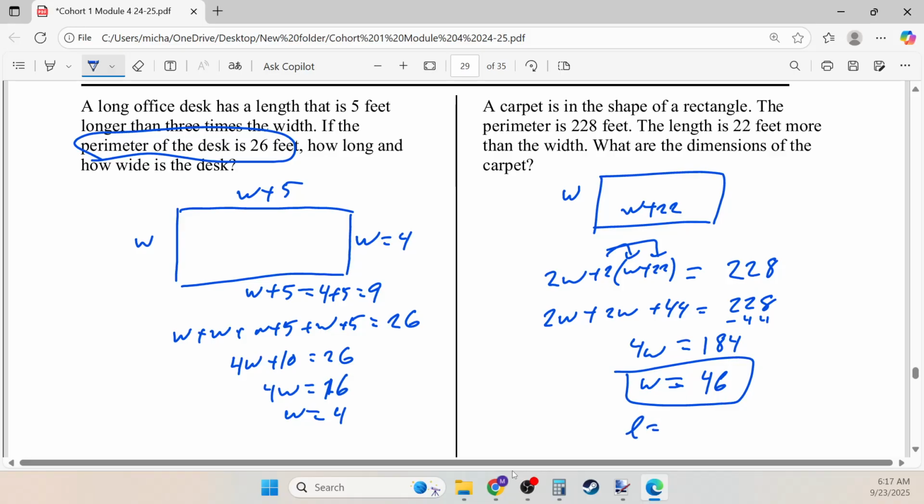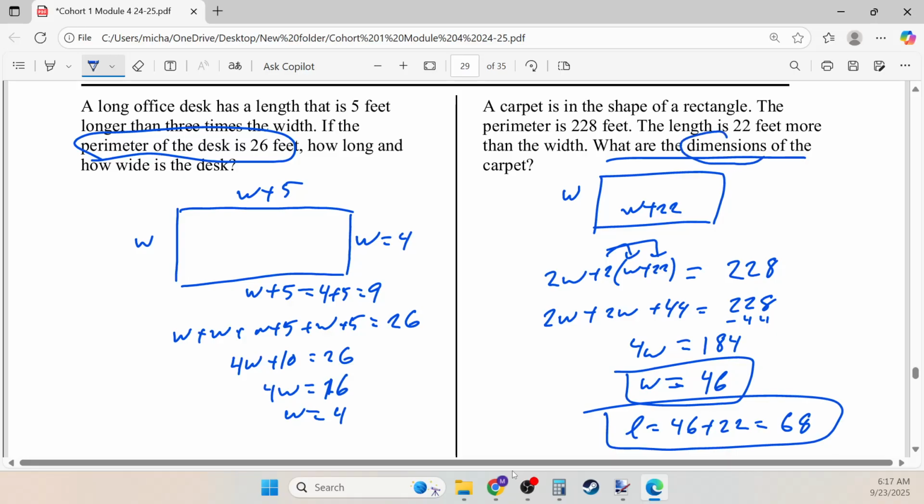Length equals 46 plus 22, 68. Those are the dimensions. Oh, by the way, when it says the dimensions, it's going to be more than one number answer. You're going to have to give both the length and the width. So if you had stopped here, that would have been an incomplete answer.